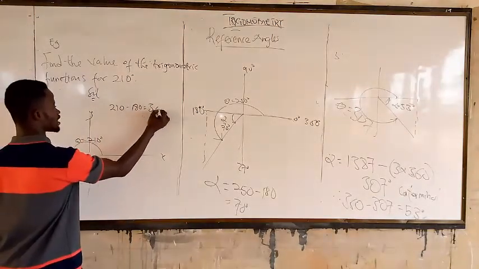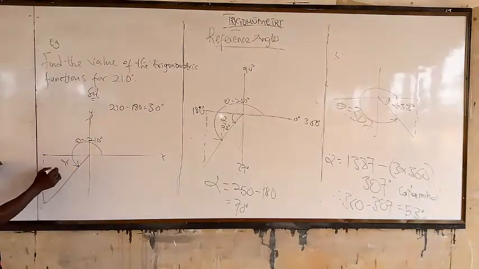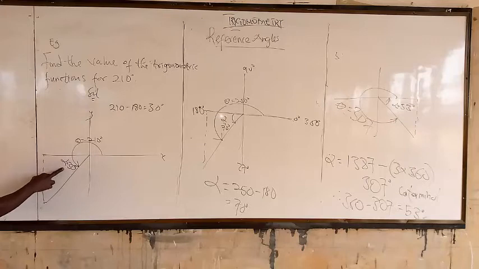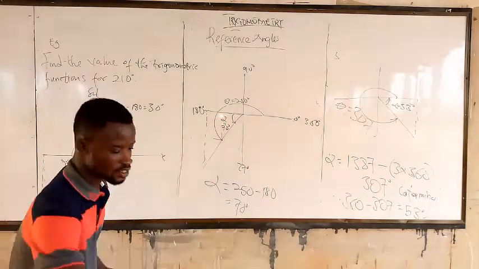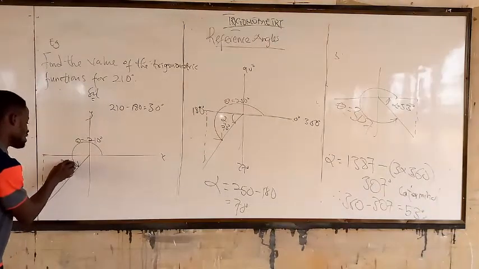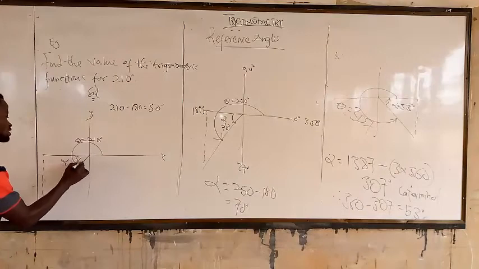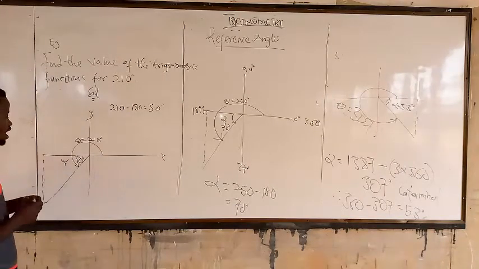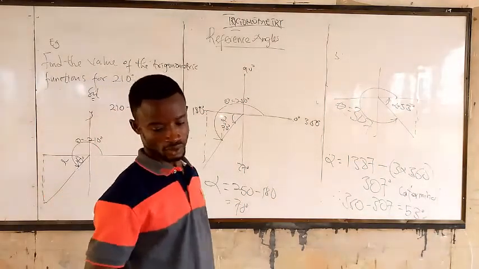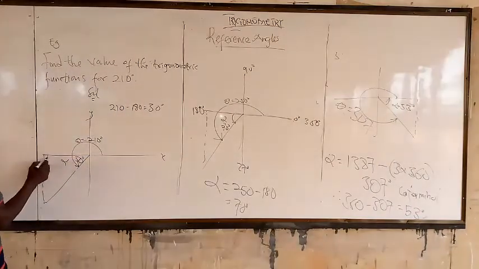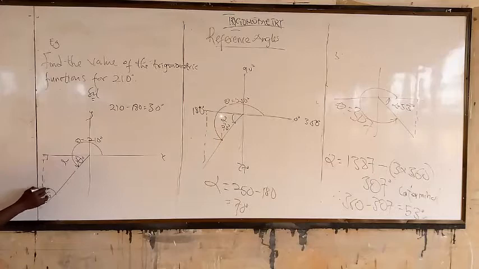So we get 30 degrees here. So what we have here is going to be 30 degrees. Now, this 30 degrees being our reference angle, don't forget that we have already found those values. So here is 30 degrees. And if you have that to be 30 degrees, here is going to be 90, here is going to be 60.